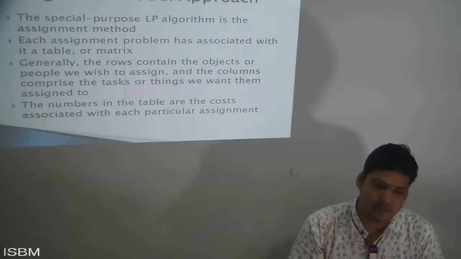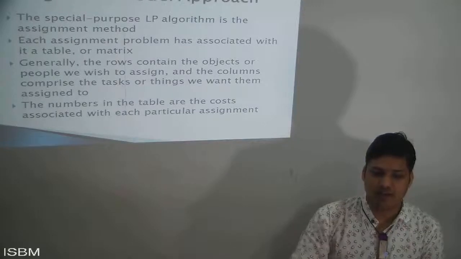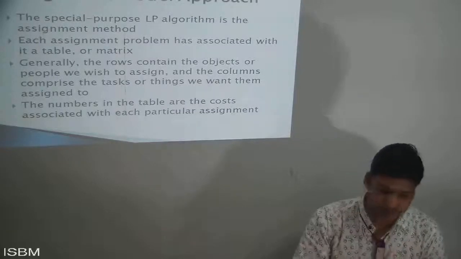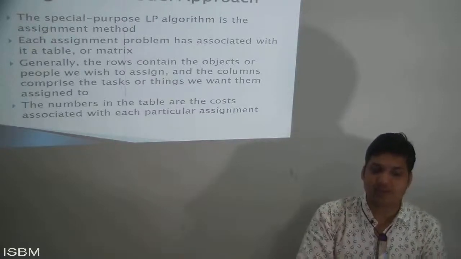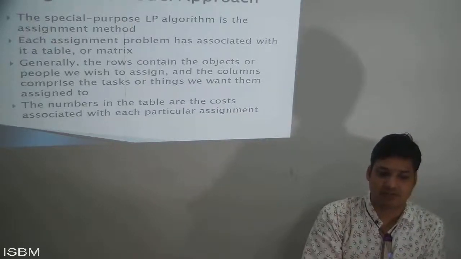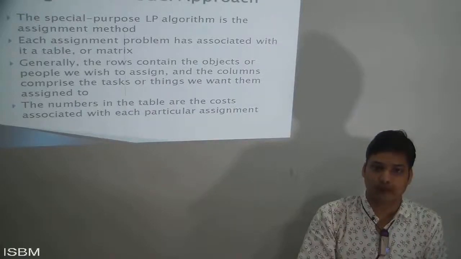So what exactly is the assignment model approach? The special purpose LP algorithm is the assignment method. LP is linear programming. Each assignment problem is associated with a table or matrix.